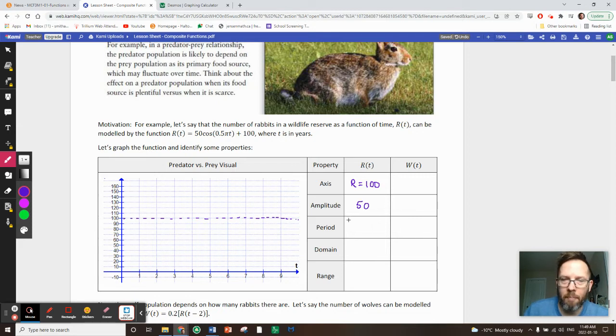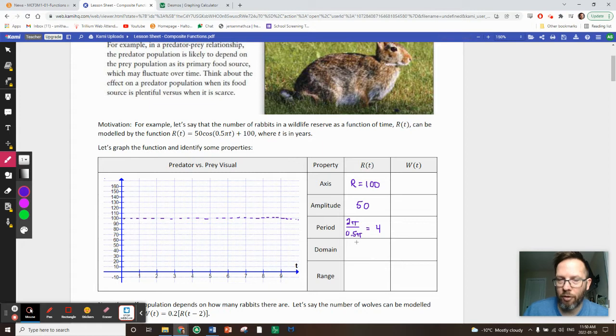The period we get by taking 2 pi and dividing by the k value, which in this case is 0.5 pi. 2 divided by 0.5 is exactly 4. For this specific problem, it doesn't say the rabbits were introduced in, say, the year 2000, with only years after that considered.